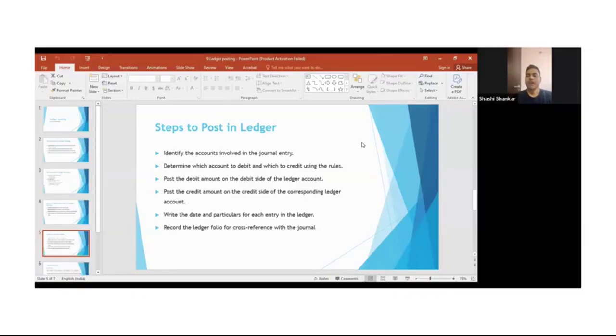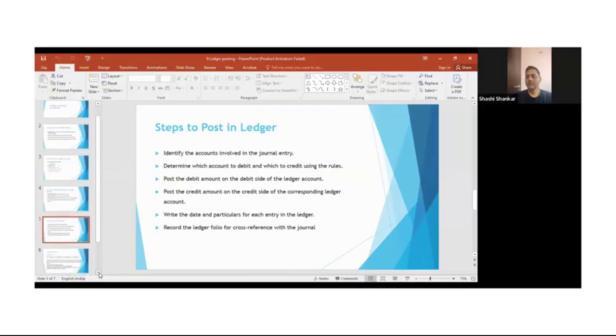After posting the debit and credit amounts, write the date and particulars for each entry, and also the journal folio number. What is the journal folio number? That should be mentioned there. And after that, total the ledger. Both the legs should match so that there is no discrepancy in the posting.